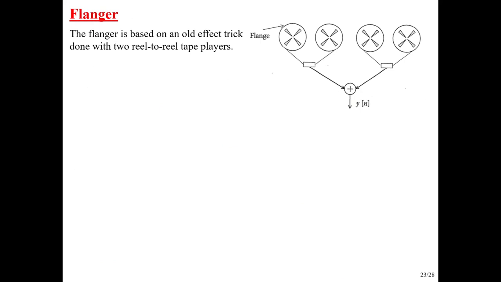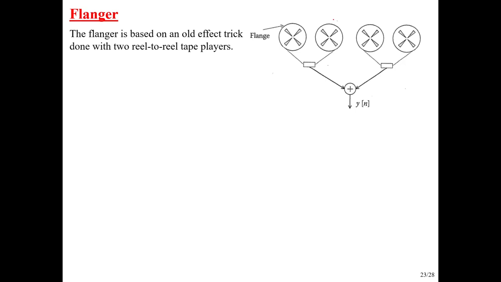Now let's move on to flanger, our third effect based upon delay. So this is an old trick that recording engineers and producers did back in the day, back in the 60s, and maybe even in the 50s, with reel-to-reel tape players.